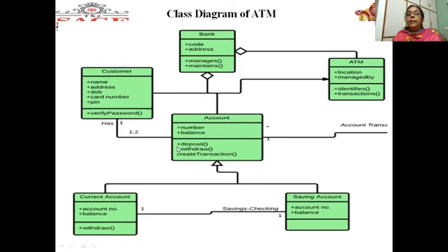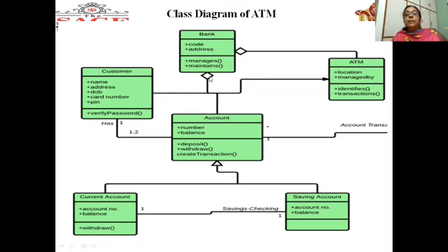And we will draw the diagram like this. We will draw bank class, customer class, account class, ATM class, current account, and saving account class. You can see here this shows the generalization and specialization sign, meaning account is a general class and it has two specific classes, current account for business purposes and saving account for personal purposes.